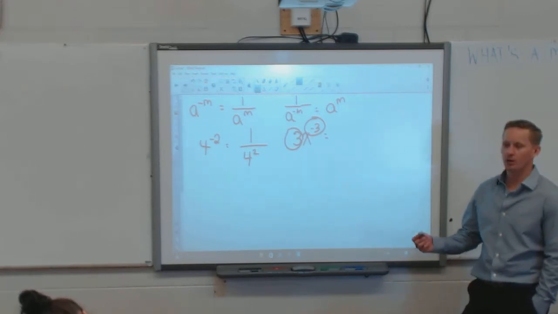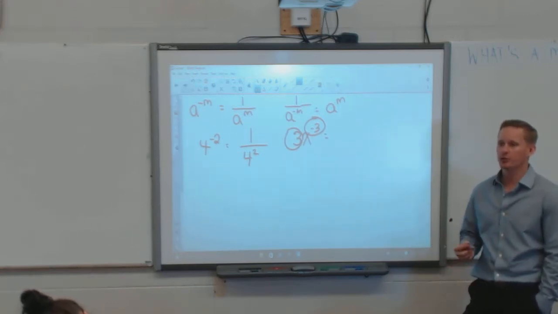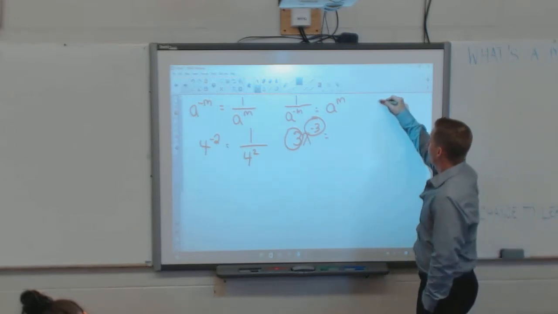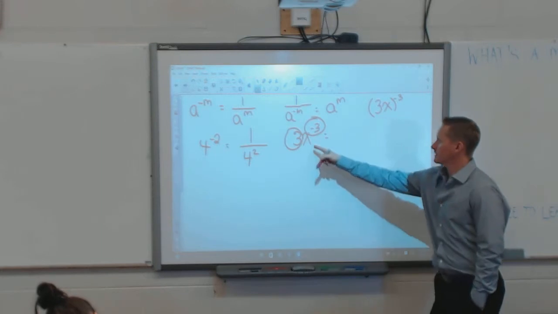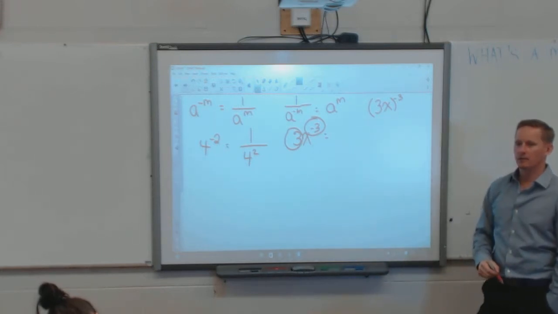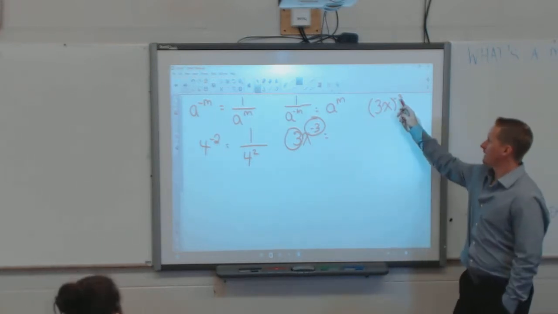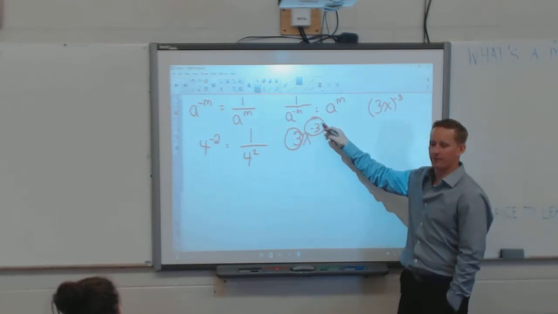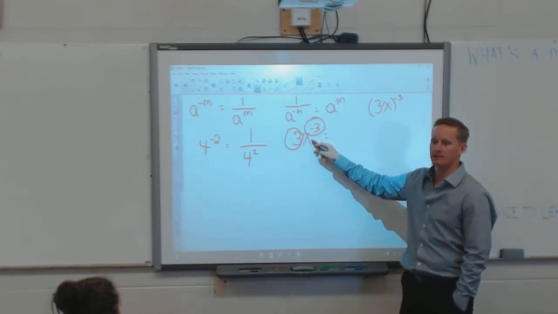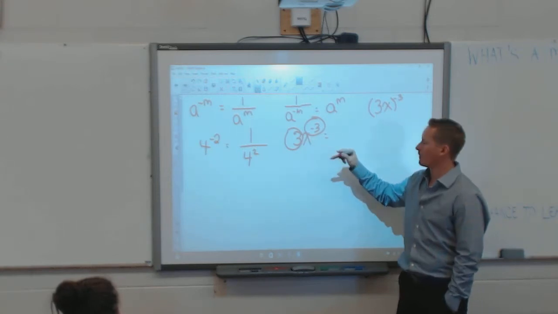Not sure, correct? We're really unsure of that, right? What if I wrote that as this? Is that the same as that? No. The difference being that negative 3 is for both right here. The negative 3 for this is just for the x. So how would I write this?